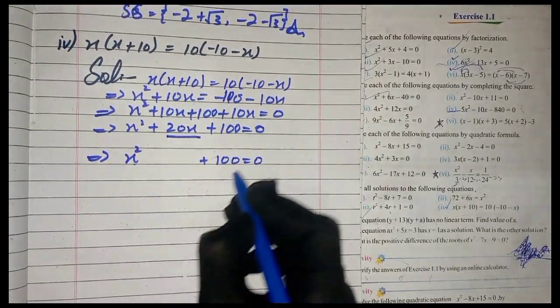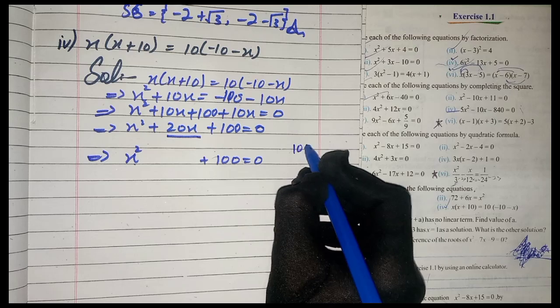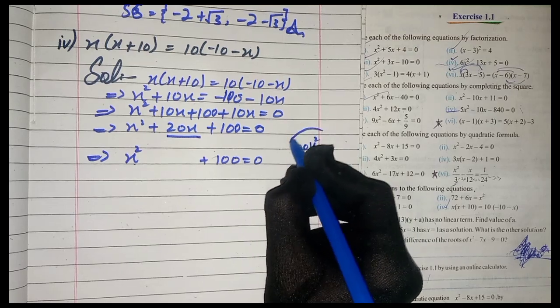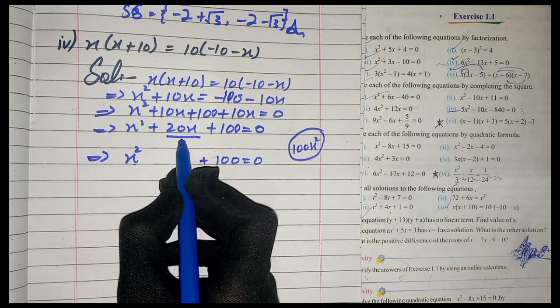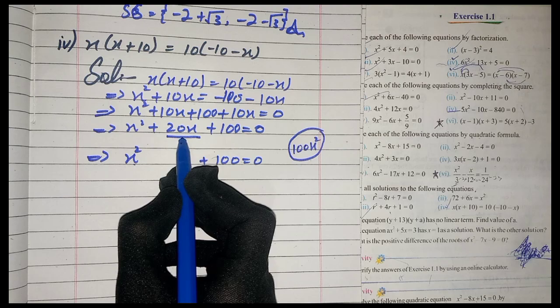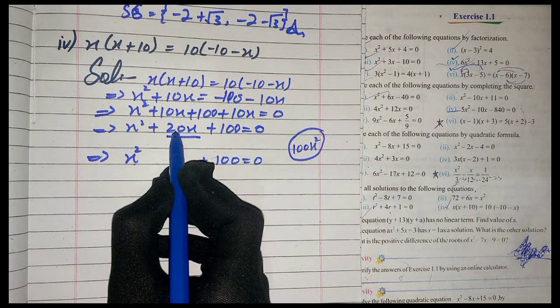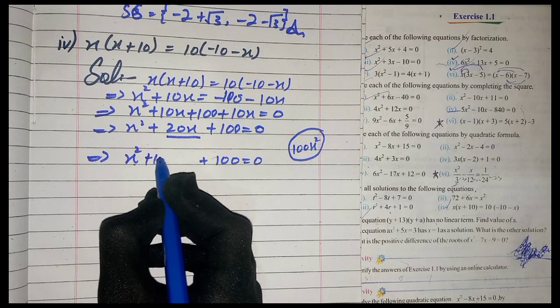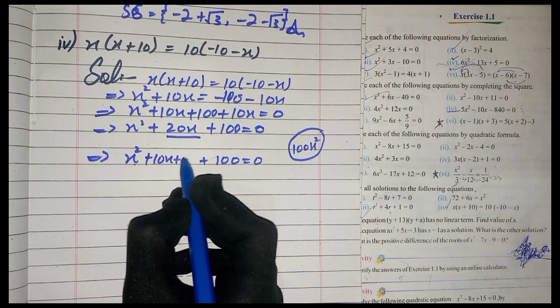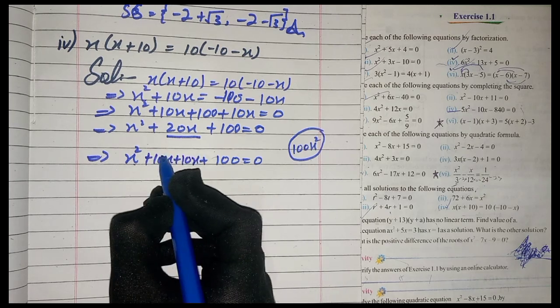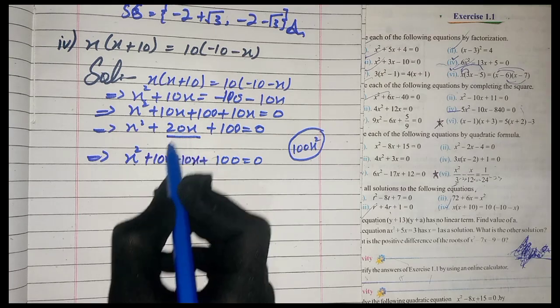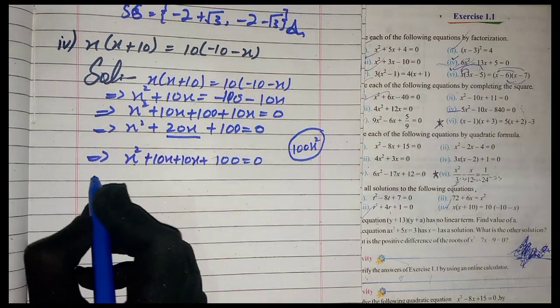When we multiply 100 with x square, it becomes 100x square. Now we break 20 into two numbers that when we multiply become 100 and when we add become 20: 10x plus 10x. 10 plus 10 is 20, 10 tens are 100.